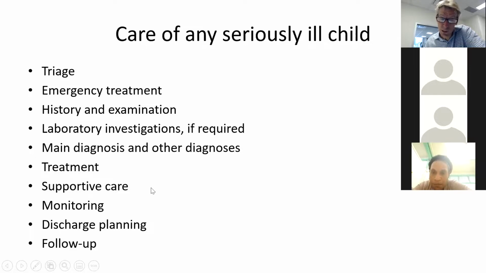We provide supportive care and monitor the child closely in the ICU or the HDU. And then we have discharge planning, and that means assessment of complications and deciding what is required to get this child home, what supports the child will need, and what follow-up the child will need. And then we obviously have to follow these children up because the complications can be considerable.